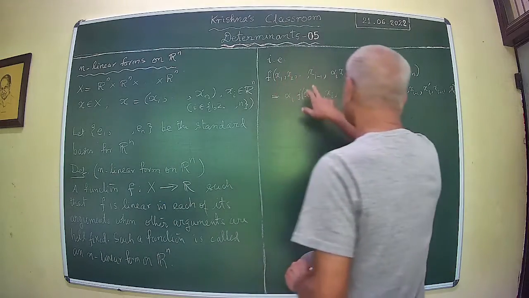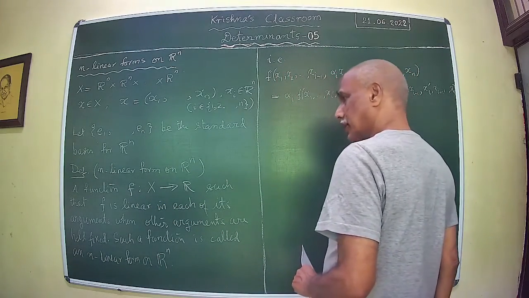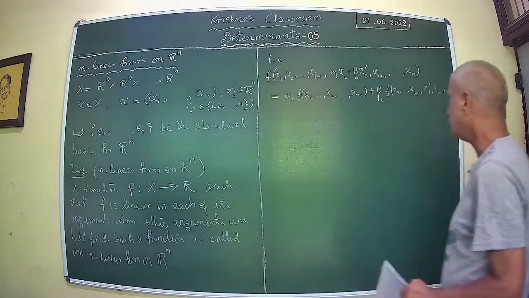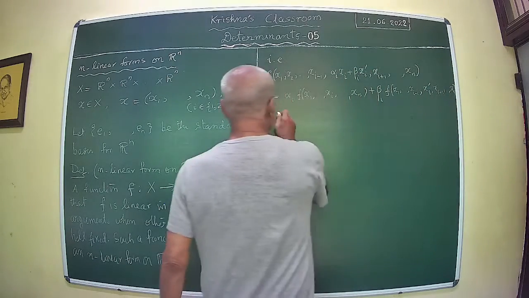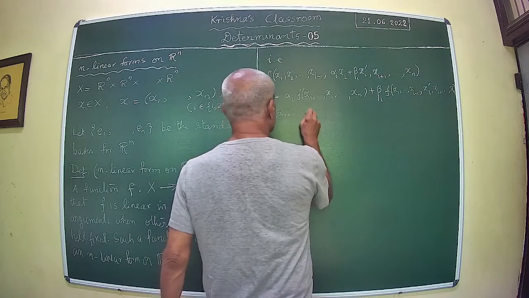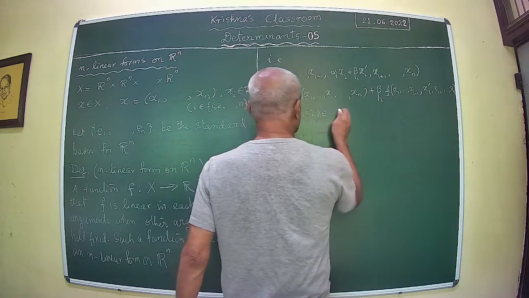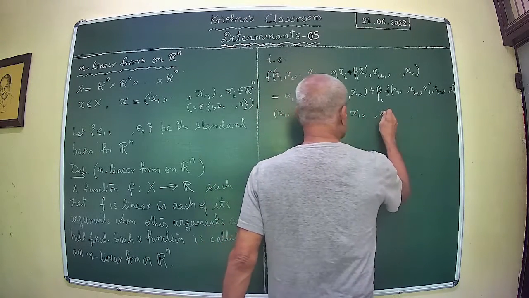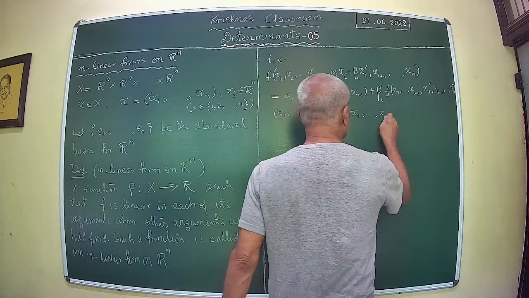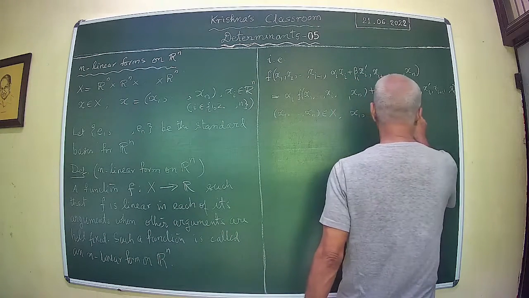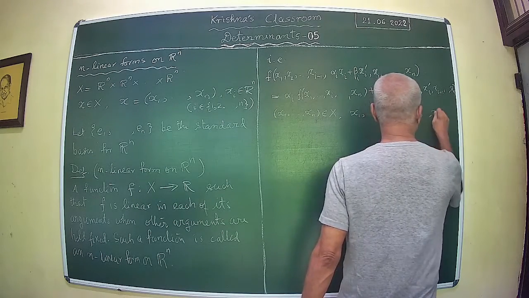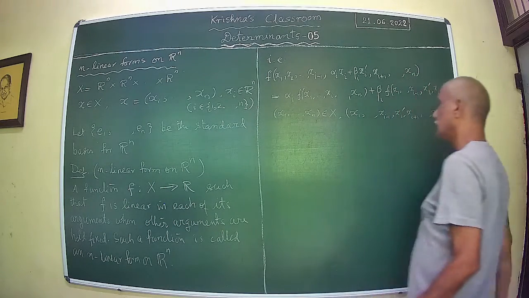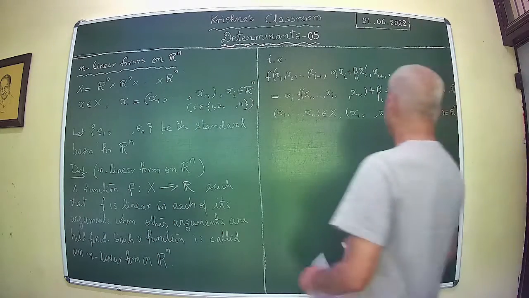You see that it is linear with respect to the ith argument, where of course xi and xi prime belong to Rn and alpha i and beta i are scalars.